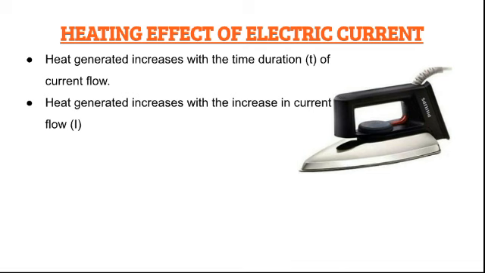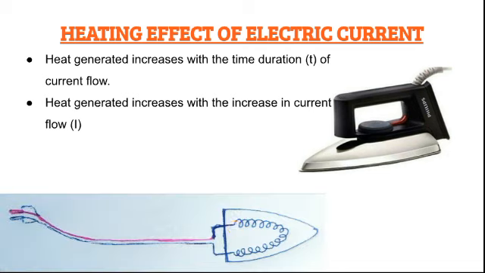See here, you can see the nichrome coil. Even though the same current flows through the copper wire and nichrome coil, the nichrome coil gets heated up much. Not much heat is generated in the copper wire.